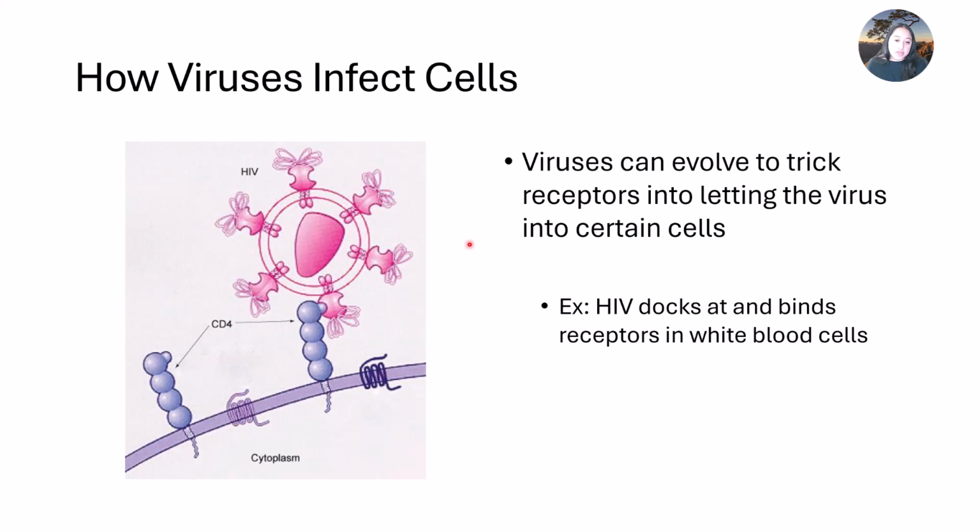For example, HIV tricks receptors called CD4 receptors, which are only in some cells. Not all your cells have the same receptors; there are different ones for different specialized cells, and that's why viruses only infect certain kinds of cells. HIV binds to receptors in white blood cells, and that's how it tricks its way into those cells.